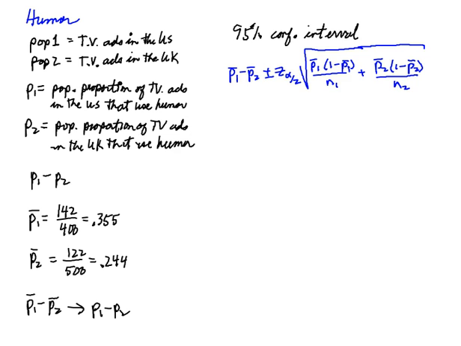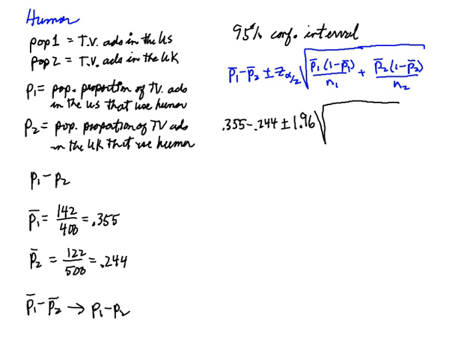Okay, putting values into this formula, I have 0.355 subtract 0.244, and proportions are always standard normal. With 95% confidence interval, my z-value here is 1.96.